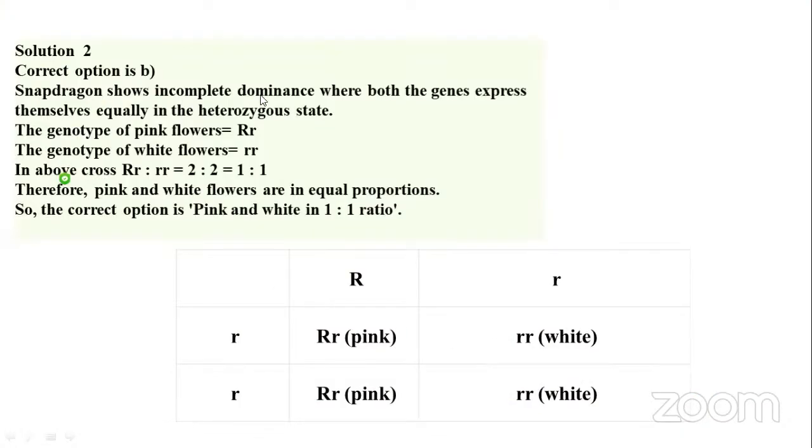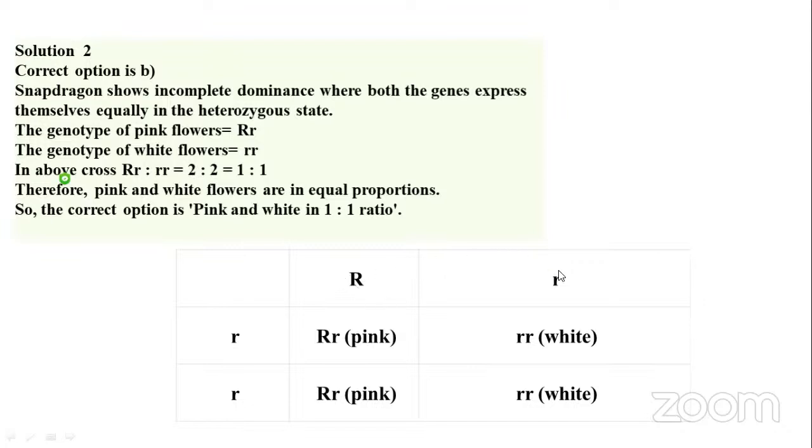The snapdragon shows incomplete dominance, where both the genes express themselves equally in the heterozygous state. Pink and white only. Capital R, small r, but it's also reflected as small r, small r. So as a result, what happened? 1:1 ratio. So the ratio will be pink and white, 1:1, when in the heterozygous state.